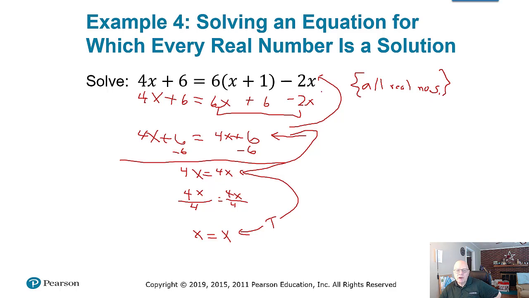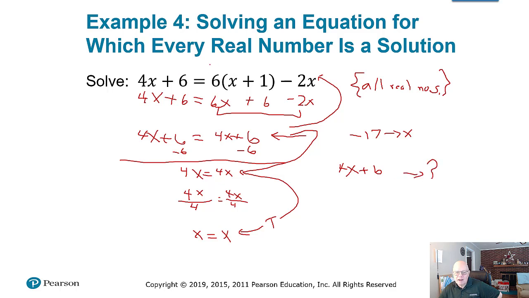If you don't quite believe me, put any number at all in for x. Here's this trick I told you about. Put negative 17 in your TI-84. Store it in x. Next, type in 4x plus 6 and see what you get.